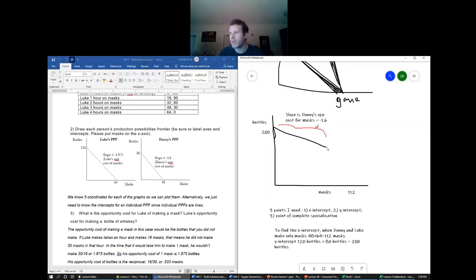Okay. And then there's a point here where Danny makes all the masks and Luke makes all the bottles. And after that, if you're going to this point, they're going to be both making masks. So from here on, let me just label this point too.